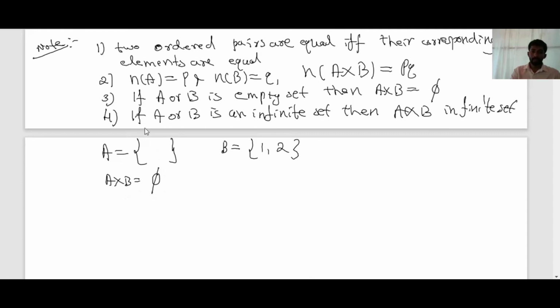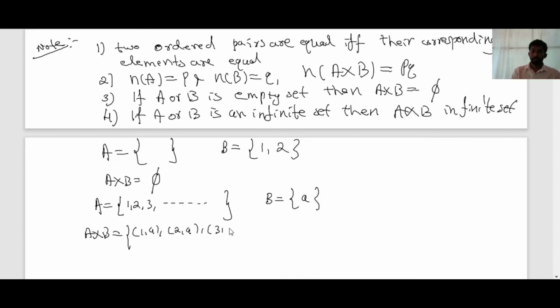See the fourth note, A or B is an infinite set. For example, see A equal to, I am taking natural numbers 1, 2, 3, dash dash dash up to infinity, and B is equal to {a}. Okay, combine, what you will get? A cross B is equal to, you will get (1, a), (2, a), (3, a), (4, a).